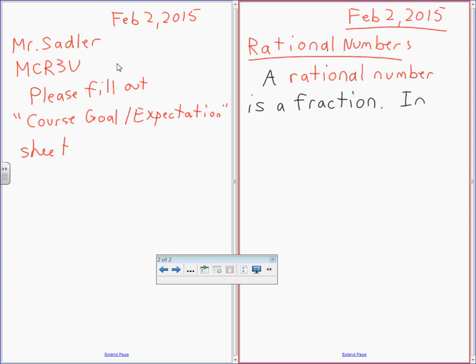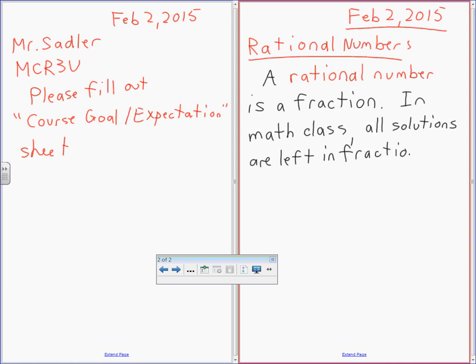So in math class, all solutions are left in fractional form. So that example, 1/7 is 1/7, not 0.1428.